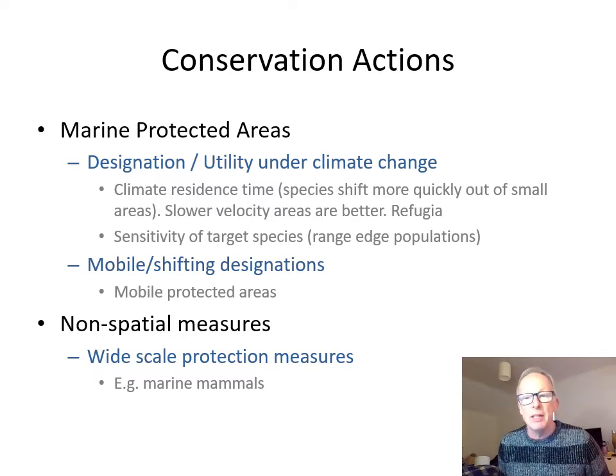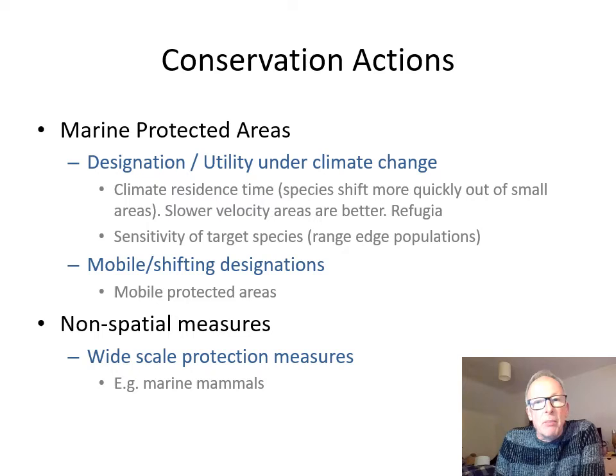There's the possibility that species will disappear from those marine protected areas, even though there's good conservation action to try and reduce the impacts on those species. So we need to consider the likely time that species will remain in those marine protected areas, and we can get a handle on that by thinking about where those species are within their geographical distribution inside the MPAs.